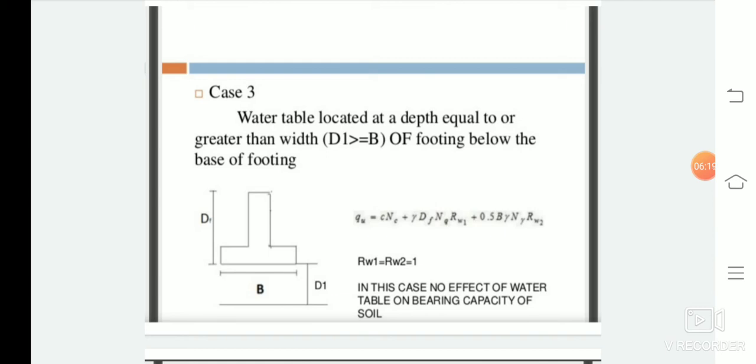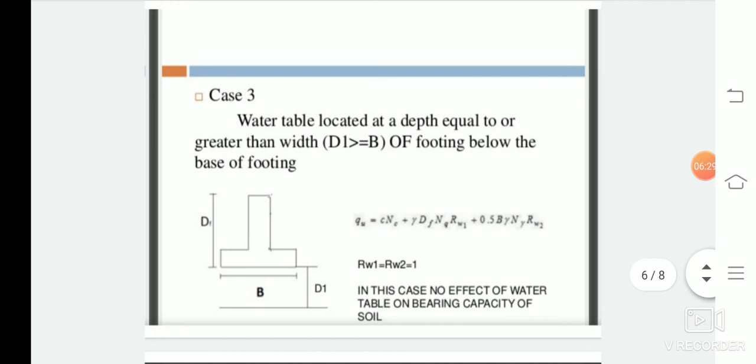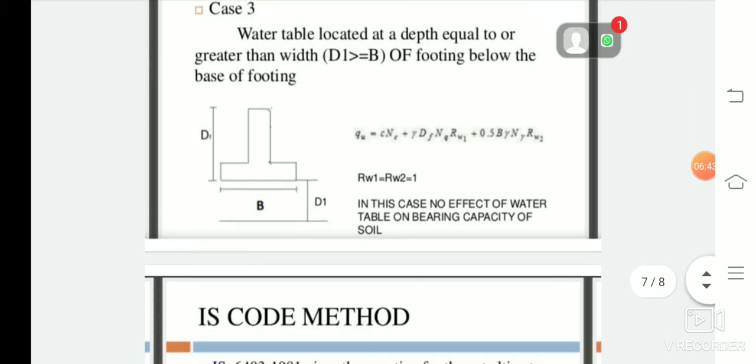In this case there will be no effect of water table on the bearing capacity. As the water table is situated at a larger depth from the base of the footing, we will not consider the reduction factors, or the effect of water table on the bearing capacity.